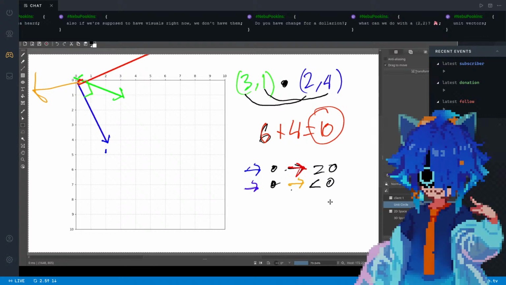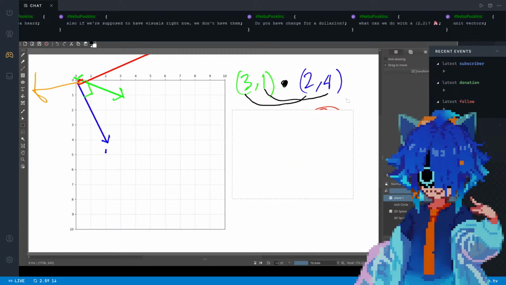So how is this useful? How do we interpret that 10? Well, let's tweak one of these vectors a little bit. Instead of talking about the full vectors, let's talk about one of them being a normal vector.